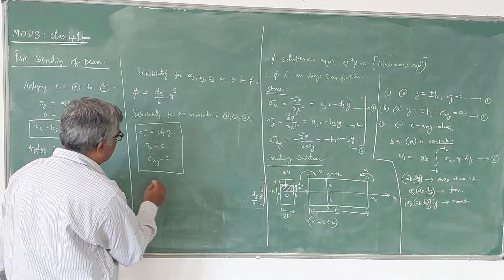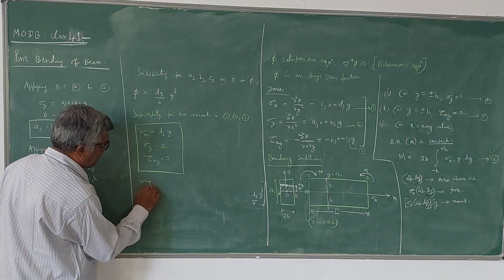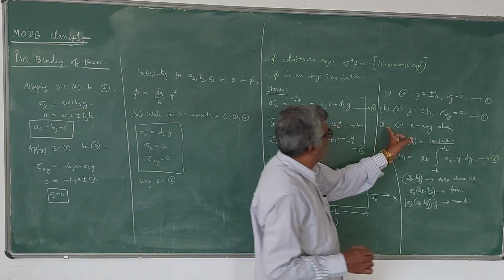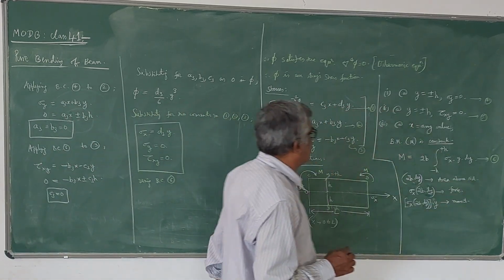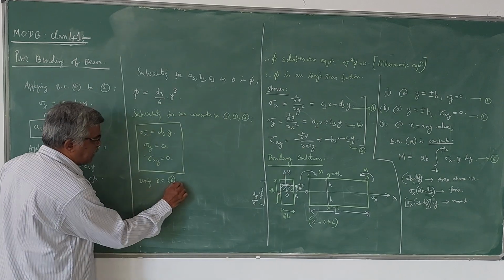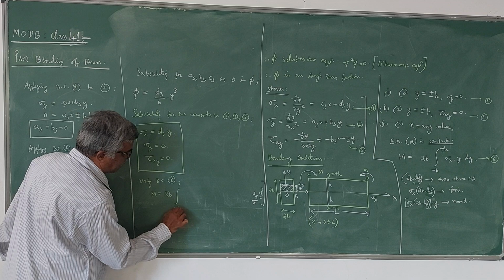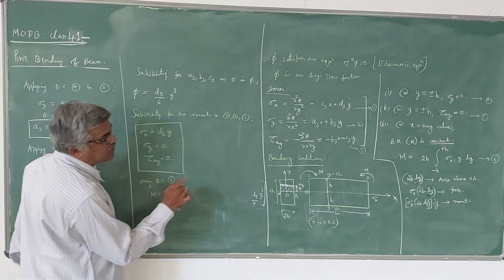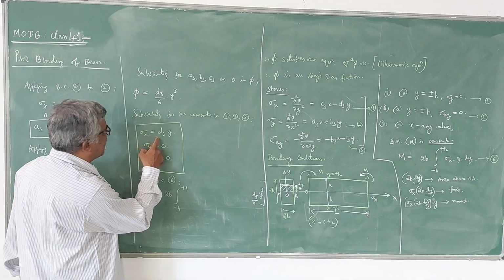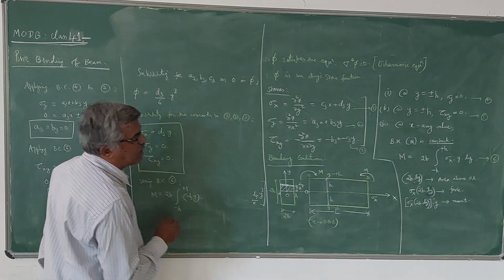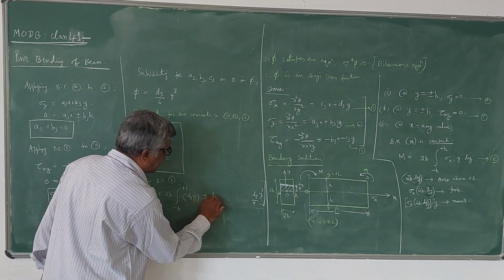Now I will use the third boundary condition, that is equation 6. So M is equal to 2b into the integral from minus h to plus h. For sigma x I can put d3y, so substitute sigma x as d3y into y dy.